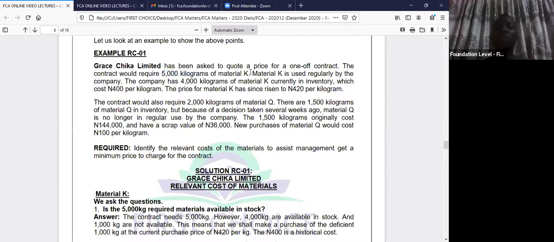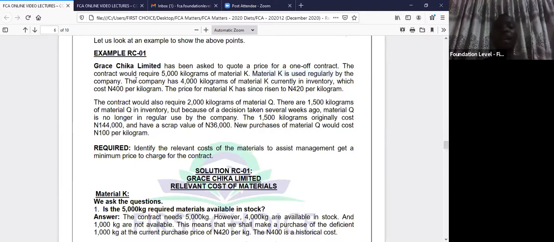Here we are told the material is used regularly, so it is in constant use. What question is that? That is question number 2. How do you jump to question number 2? It is because you said the material is available in store. That means you must have answered question number 1 as yes for you to move to question number 2.